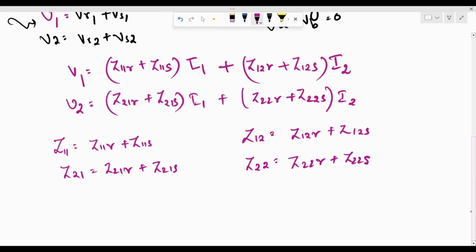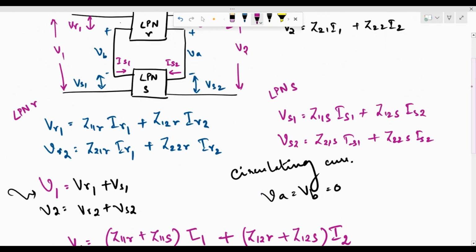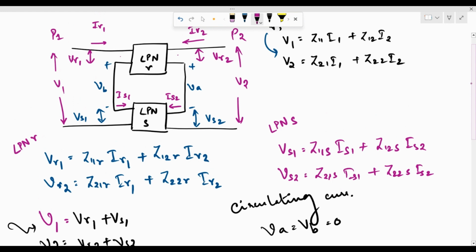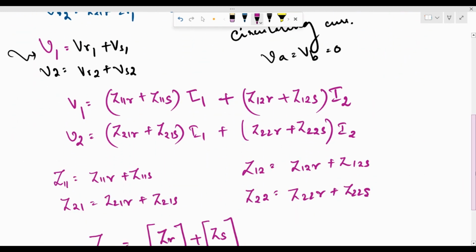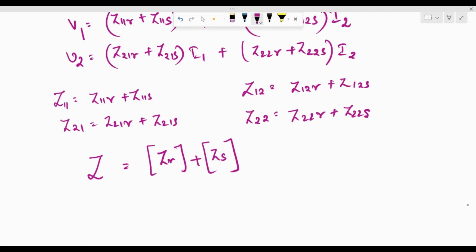This means we are just going to add the ZR matrix with the ZS matrix so that we arrive at the overall Z matrix in case the two networks R and S are connected in series as shown in this configuration. So therefore, for a series connection of the two-port networks, we have to remember that ZR plus ZS is equal to Z.